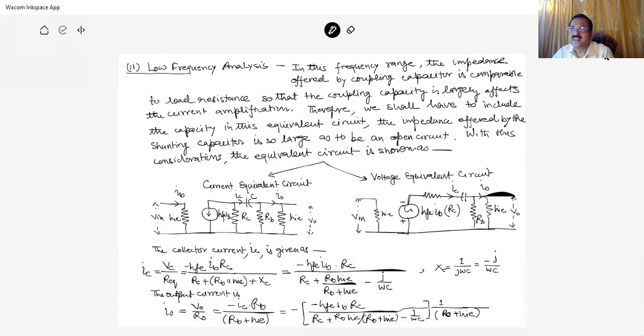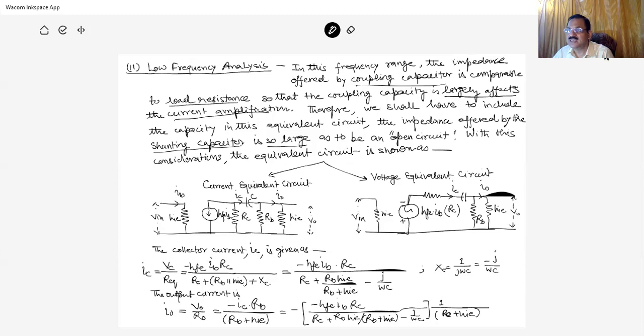In the low frequency range, the impedance offered by the coupling capacitor is comparable to the load resistance, so that the coupling capacitor largely affects the current amplification. Therefore, we shall have to include the capacitor in the equivalent circuit, and the impedance offered by the shunting capacitor is so small as to act like a short circuit.